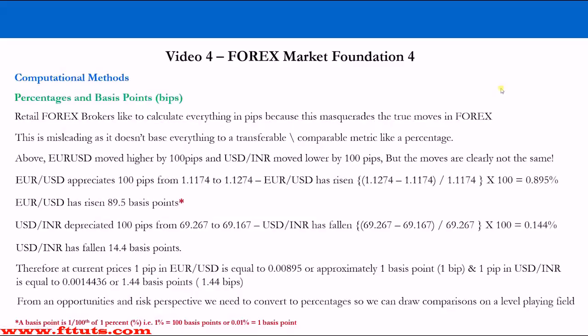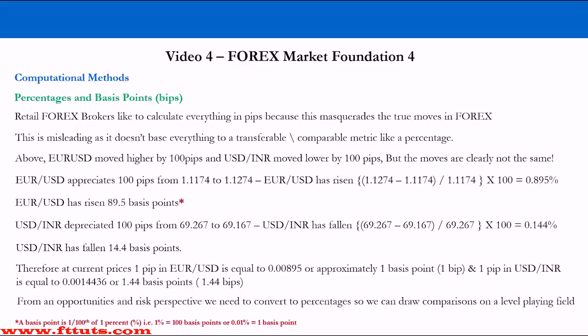But there is a problem with calculating everything in pips because pips are not a base situation for drawing comparisons between currency pairs. So what you're going to find is that retail Forex brokers are going to actually try to calculate or make people try to calculate everything in pips, because it masquerades the true moves in Forex when you compare currency pairs.